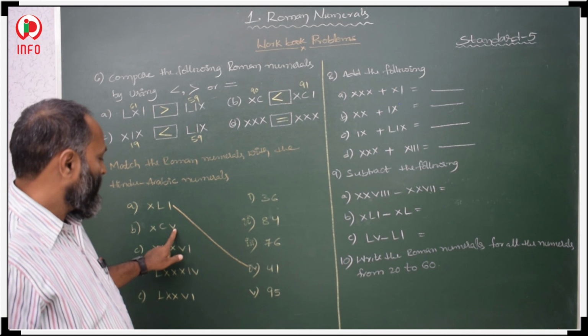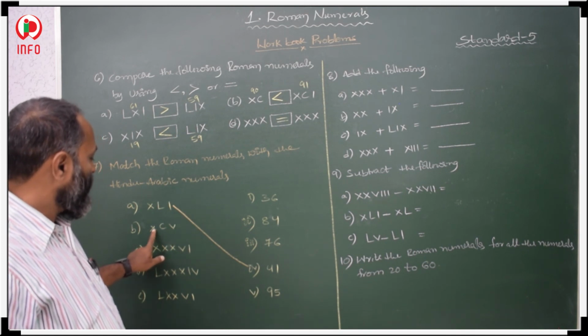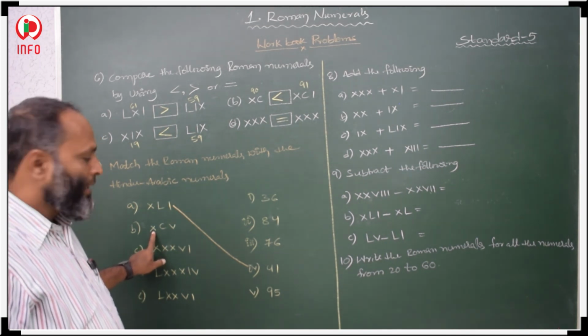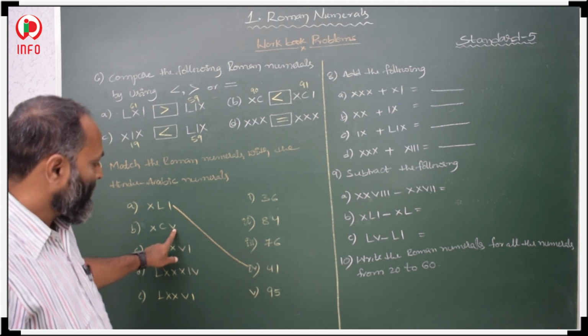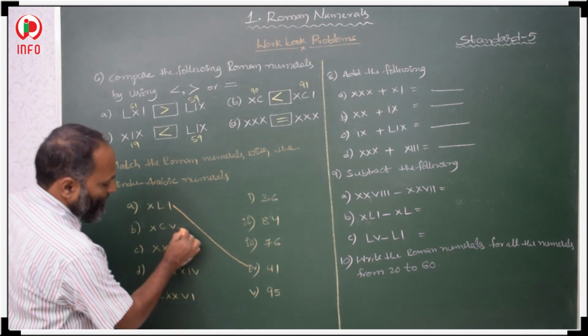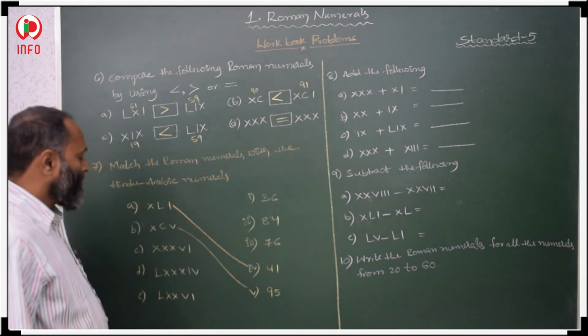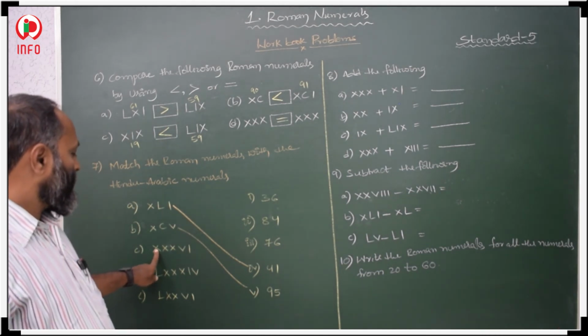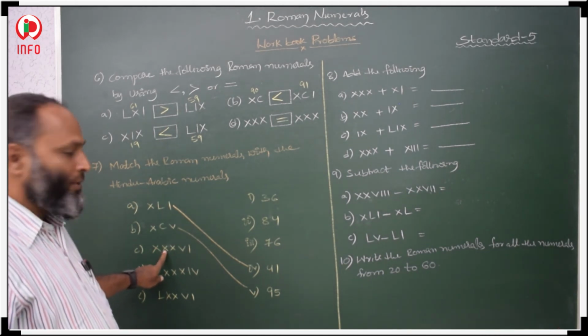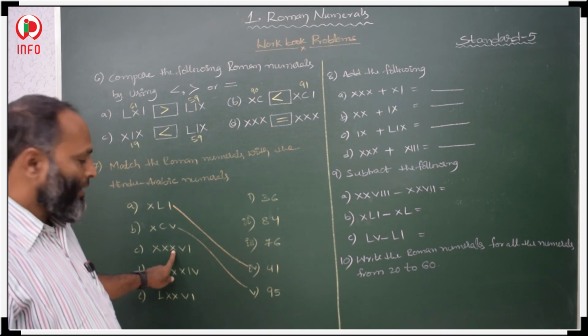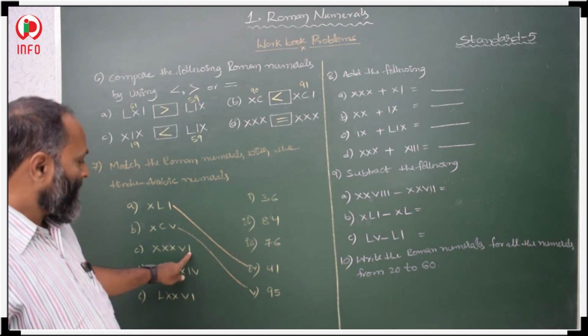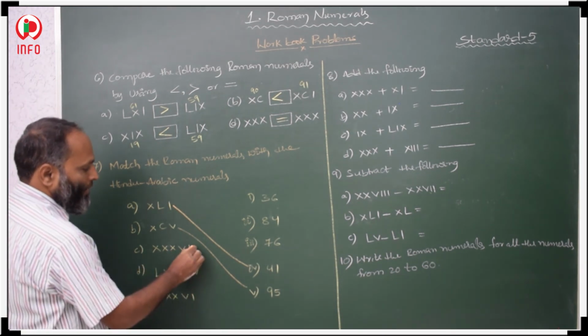And this is 5. 90 plus 5, 95. Where is 95? X is 10 plus 10, 20. 20 plus 10, 30. 30 plus 5, 35, plus 1, 36. Where is 36?